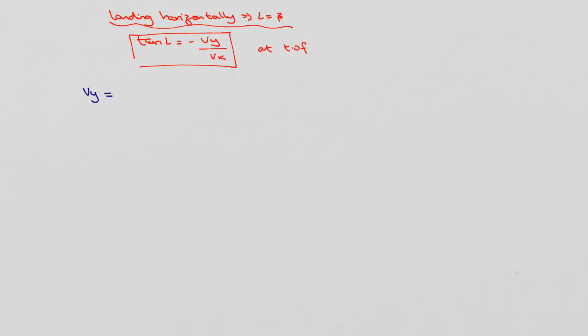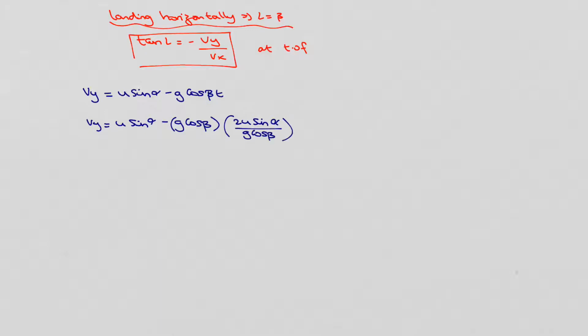So we know that Vy from our table is equal to u sine alpha minus g cos beta t. So I'm going to sub in my time of flight there. So we have u sine alpha minus g cos beta, and that's by the time of flight, which is 2u sine alpha over g cos beta.